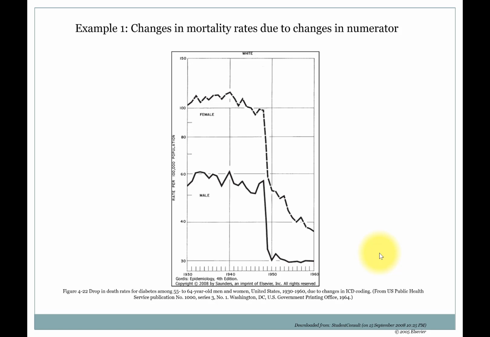According to the 7th edition, any death that mentioned diabetes anywhere would be classified as a diabetes death. When the 8th edition came out, that rule changed, and only deaths with the underlying cause as diabetes would be classified as diabetes, which meant if diabetes was mentioned elsewhere, it did not count. Thus, the observed decline was artificial and not actual. So you can see right here is where the ICD changed.